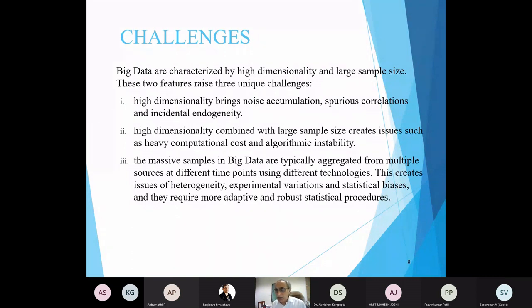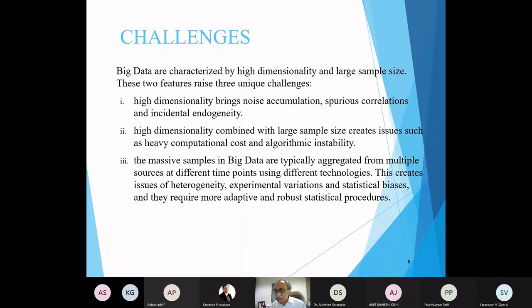It brings in a lot of noise, and that affects the estimates of the parameters, so they are no more robust. That is because of this high dimensionality.